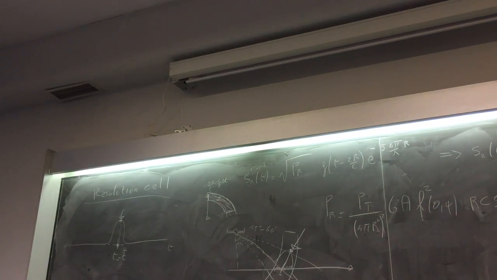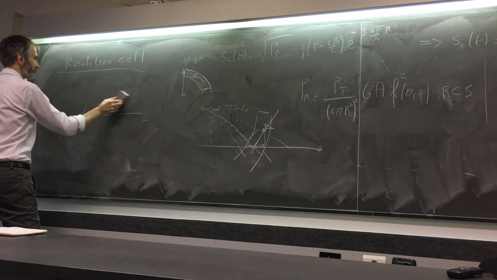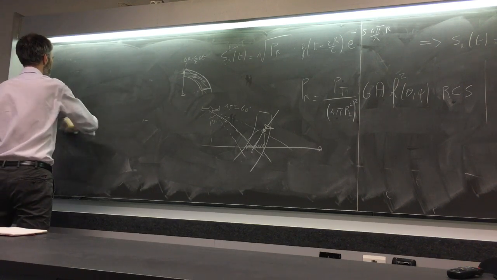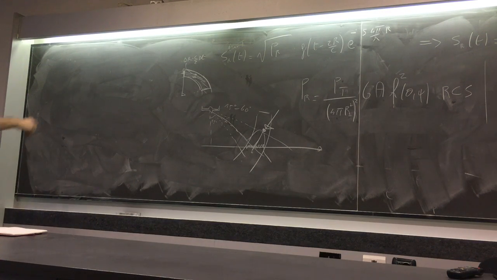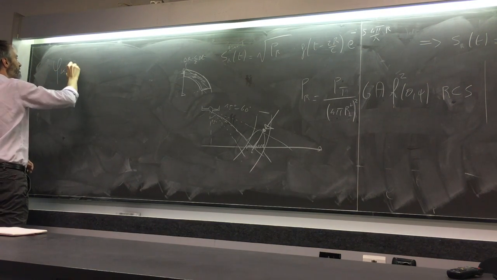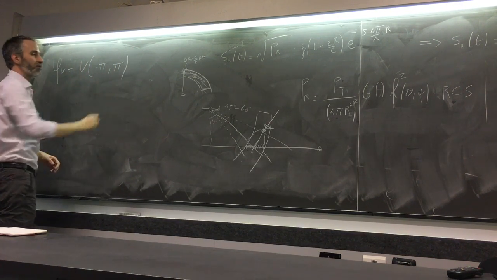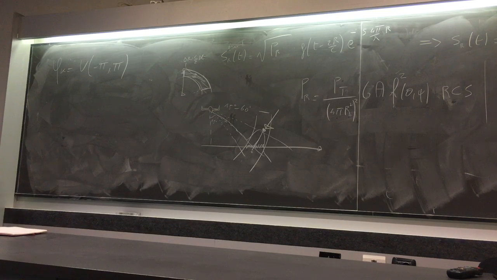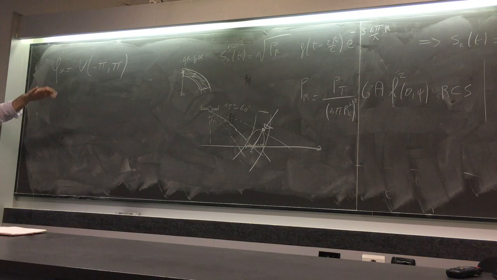Now, if your phase is random, then we can write that this is a random variable uniformly distributed between plus and minus pi. And we are assuming that you have a lot of these targets in your resolution cell.